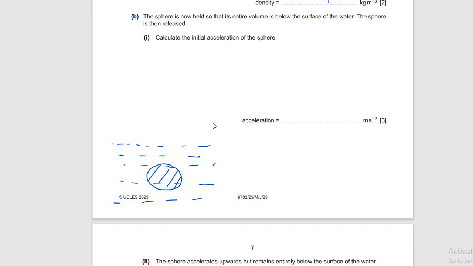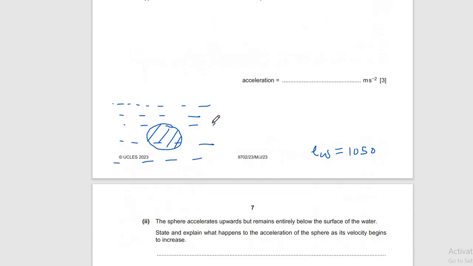Now, there's some condition you need to take note about this question. What is the density of the water? It's 1050. And what's the density of the object? The density of the object is 220. Obviously, the density of the water is greater than the density of the object.